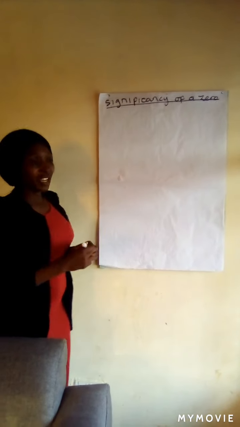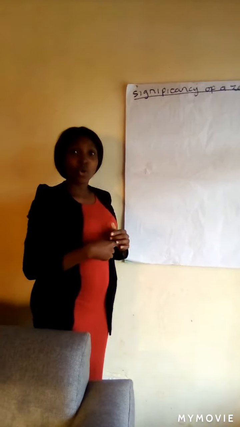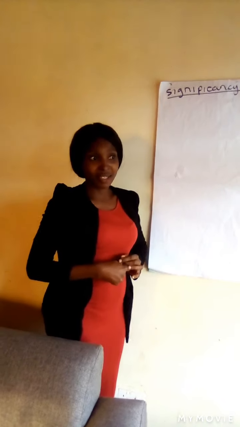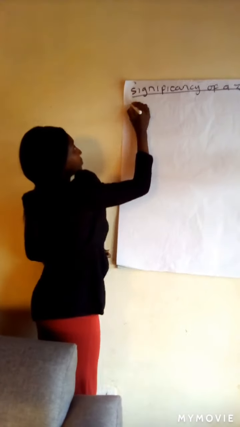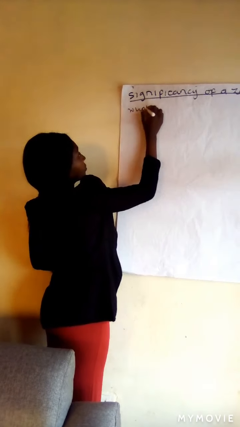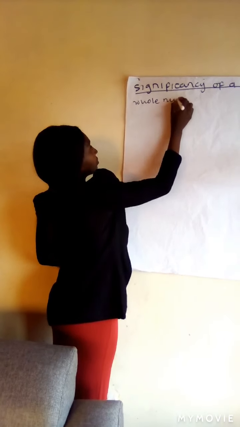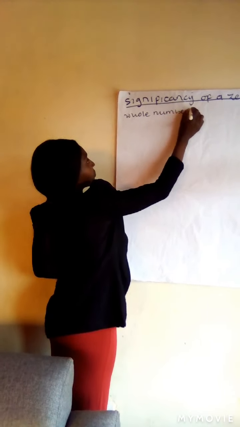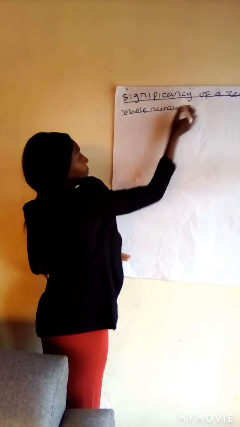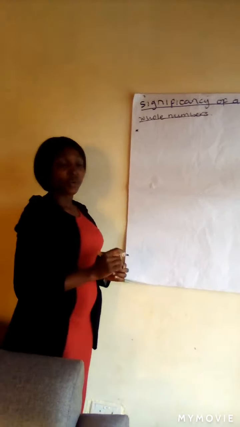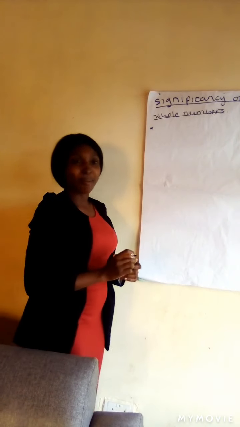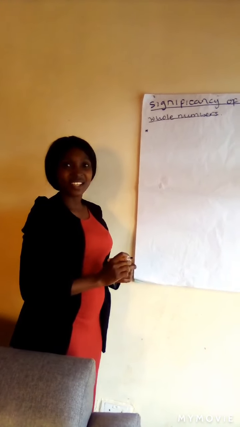I'm going to divide my numbers into two. They are what we call whole numbers and what we call decimal numbers. When we start with whole numbers, a zero at the beginning of a whole number is not a significant number.